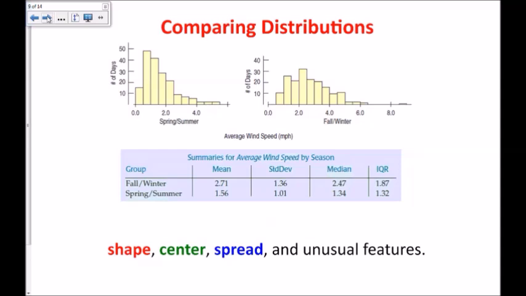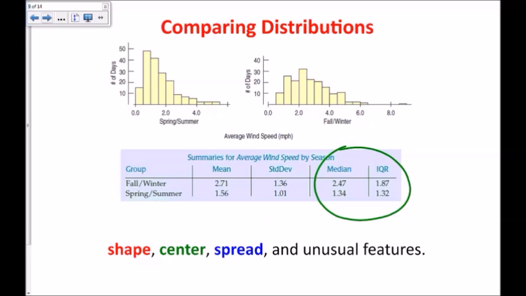So first, the shape. I would say that the spring-summer distribution is more skewed to the right. And the fall-winter looks a little more symmetric, although it is slightly skewed to the right. Okay? The center, we can find looking at either the median or the IQR, that the fall-winter distribution has a higher center than the spring-summer distribution.